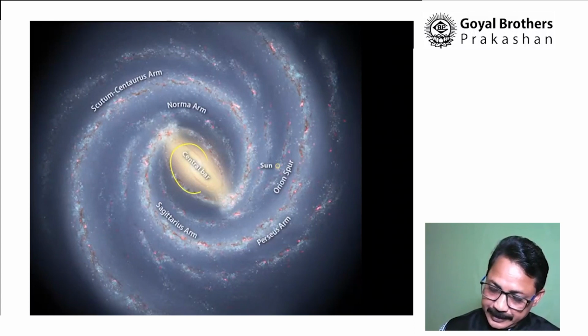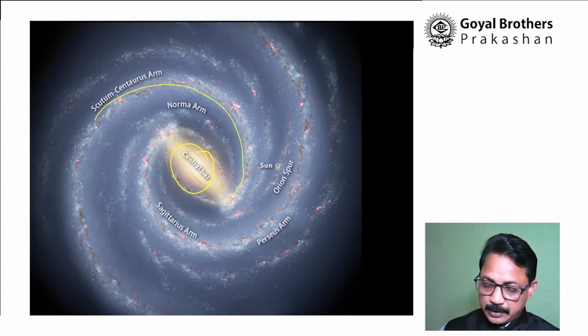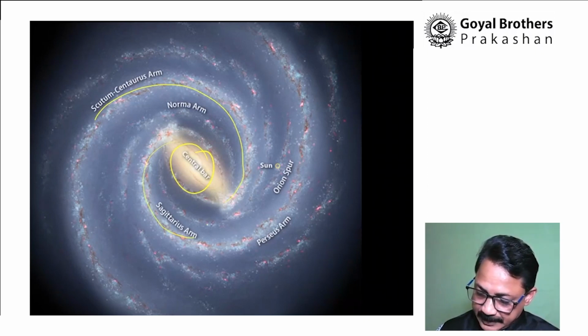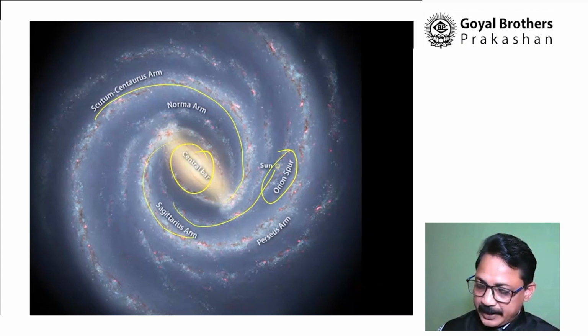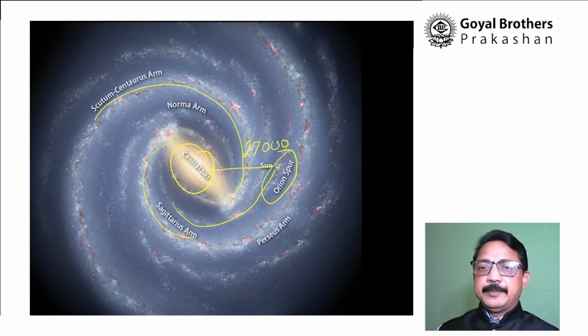See, here is the center of a galaxy. You can see here one of the arms of the galaxy called Scutum Centaurus, and you find here another arm of the galaxy. Its name is Orion spur, and our sun is present about 27,000 light years away from the center.